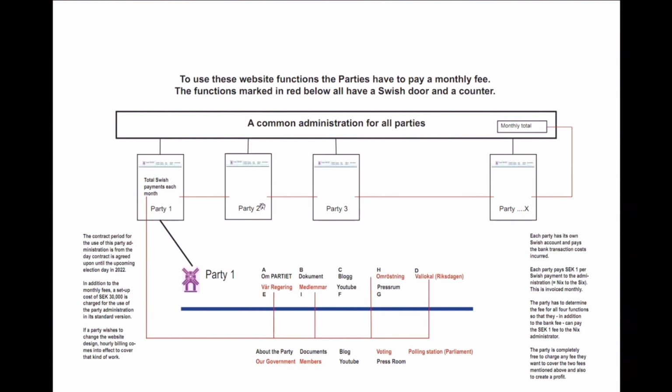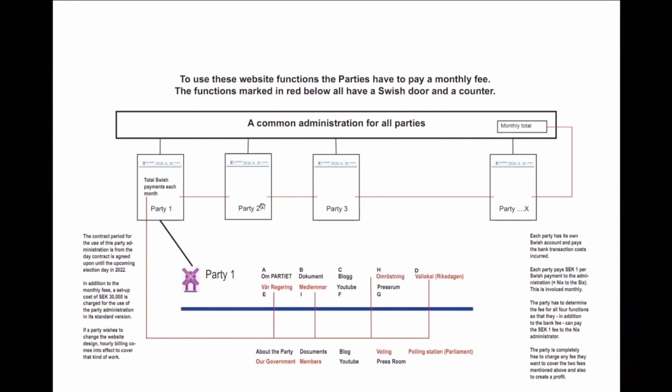Each party has 3 individual bank accounts. 1, a company account with bank transfer and swish payment connection. 2, a savings account, and 3, a swish trading account. The swish trading account is used for all 4 swish doors.